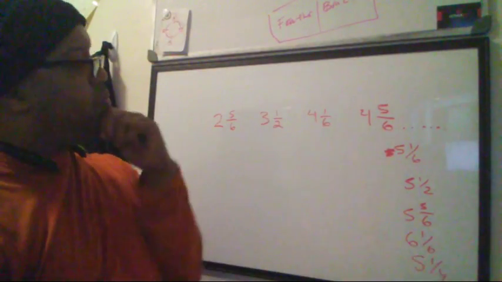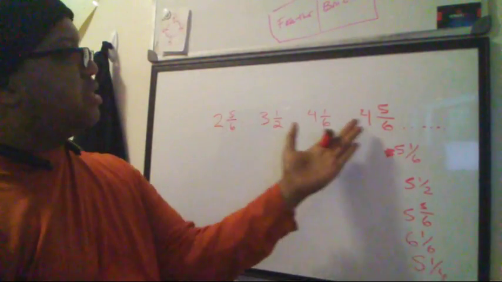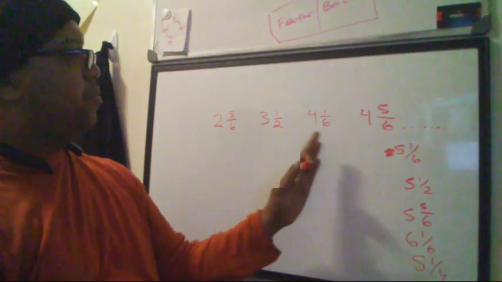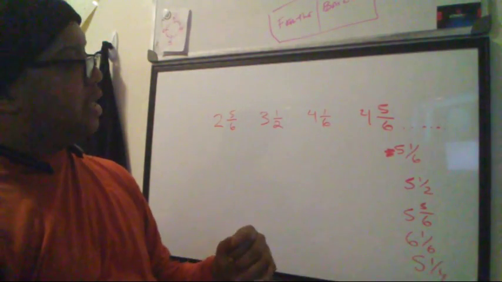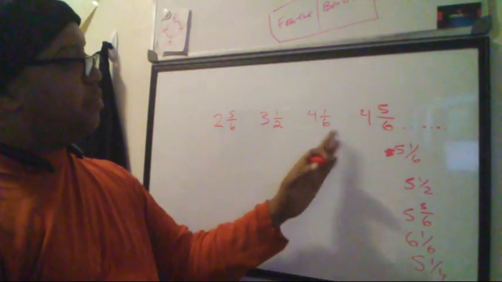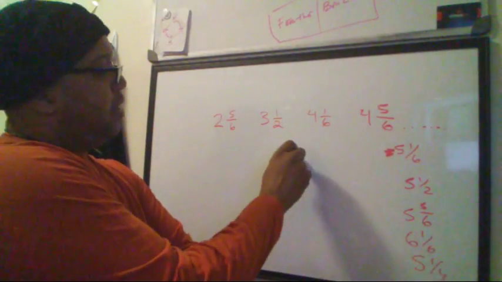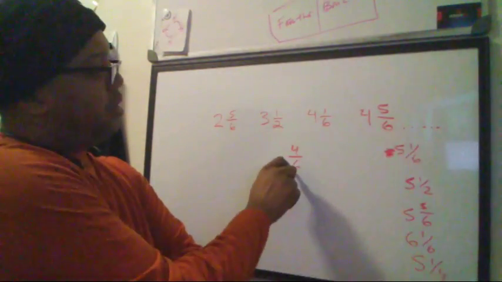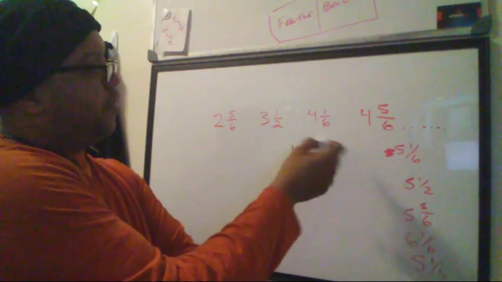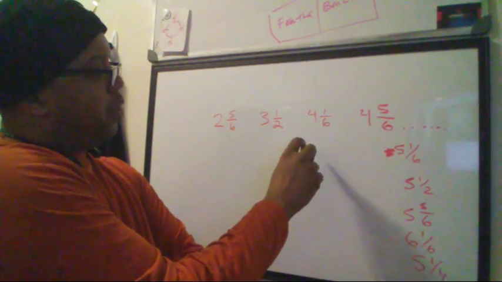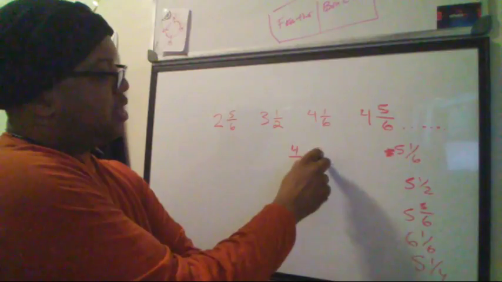So what I will do is I look at the sequence of numbers and I'll say to myself, okay, let's see. This seems like the easiest jump. And it looks like we jumped 4 sixths to get to 5/6. So basically, I would break that down. This is actually 2/3.